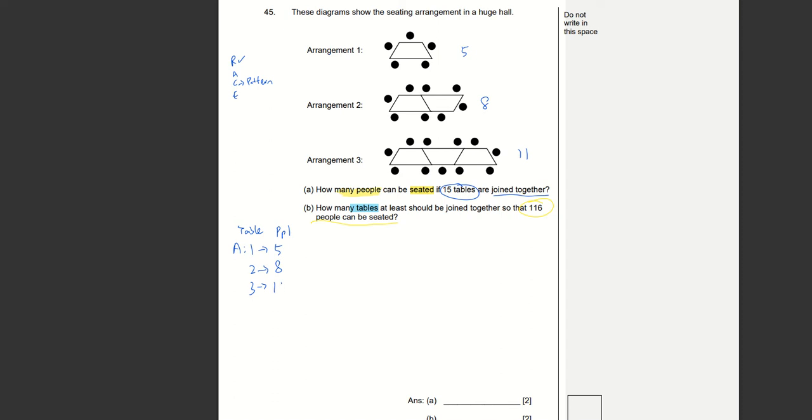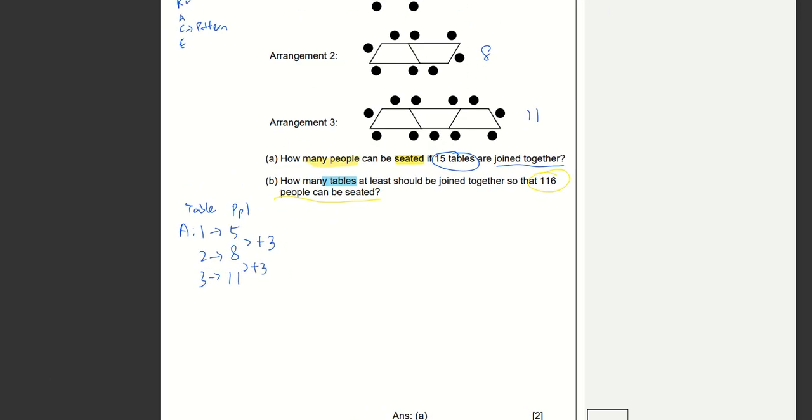Okay, 11. And then you see there's +3 and +3. Now I'm listing out according to the numbers, from 1 table, 2 tables, 3, 4 tables, and I think the pattern is +3, so the next number, adding 3, I should get 14.